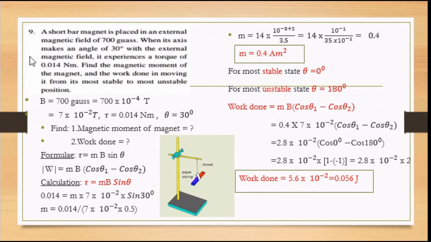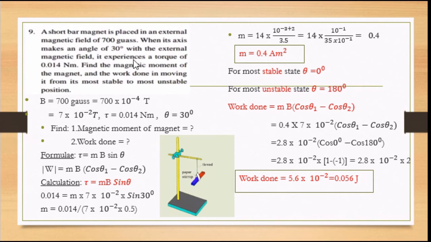Students, now let us solve the unsolved sum 9 from the text. A short bar magnet is placed in an external magnetic field of 700 Gauss when its axis makes an angle of 30 degree with the external magnetic field.